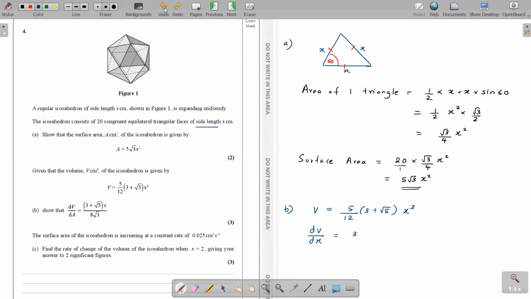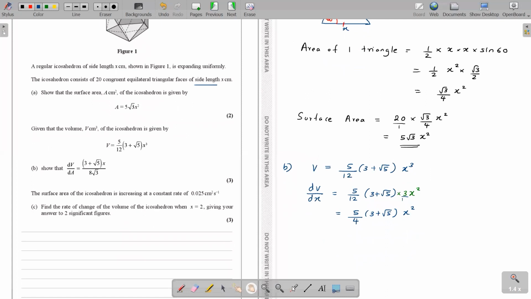So 5 over 12 into 3 plus root 5, you let it be there, and x cube differentiation gives you 3x square. That's the only thing you need to differentiate here. So the 3 over here and the 12 cancel out. You get 5 over 4, (3 plus root 5) x square. It's 3 over 1, that's why the 3 and 12 cancel out. Okay, so that's dV by dx.